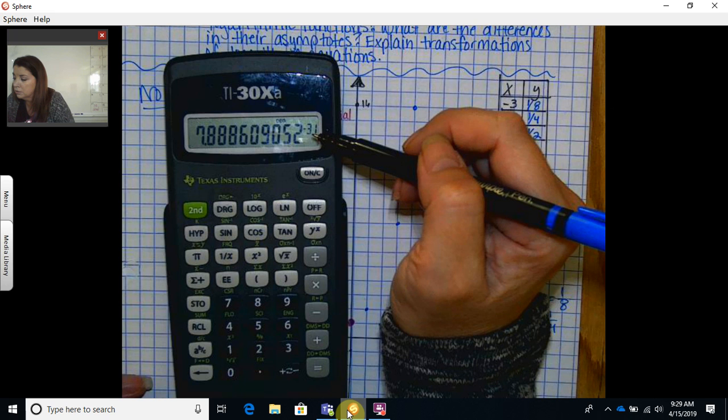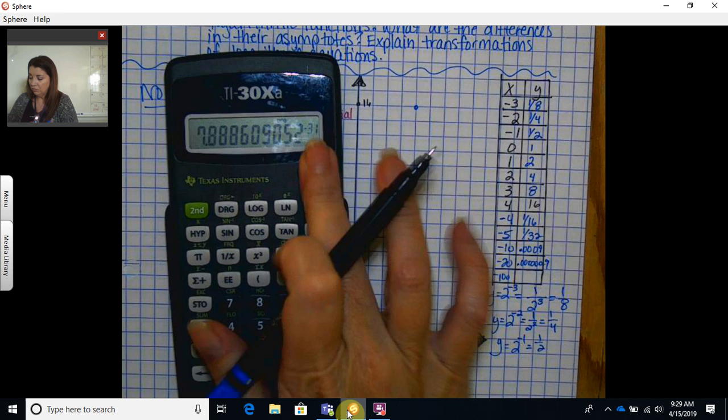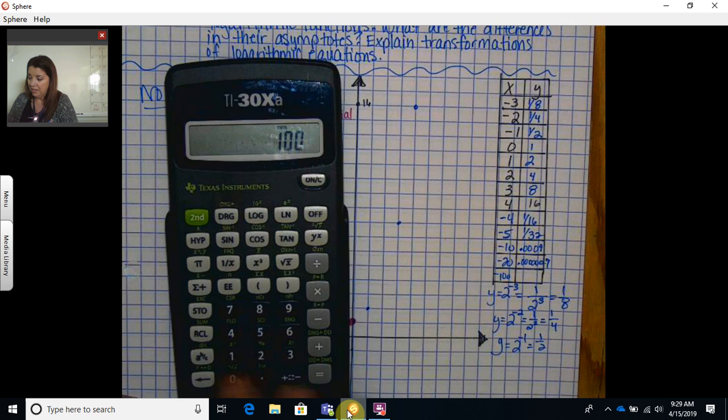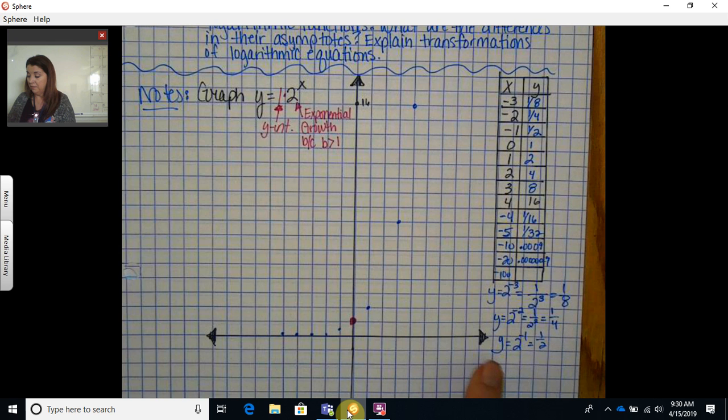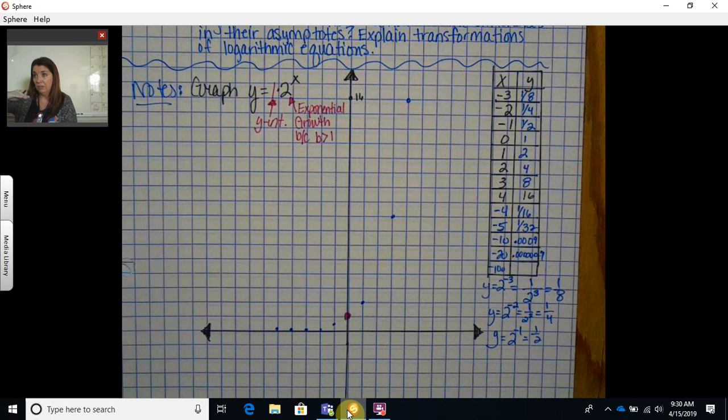What if it was negative 1,000? 2 raised up to the negative 1,000. It's saying 0. Your y value is never going to be 0. It's going to keep getting closer and closer and closer, but it's never going to touch or cross 0. Okay?